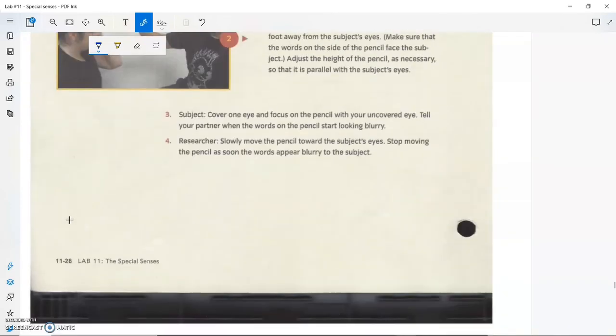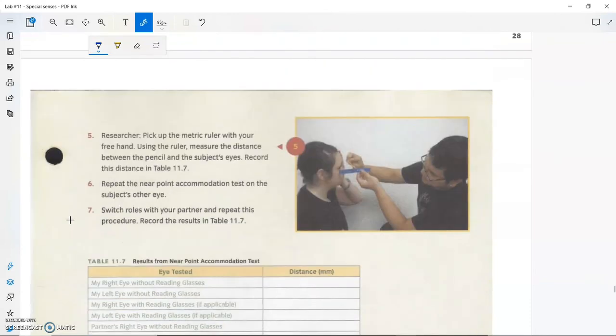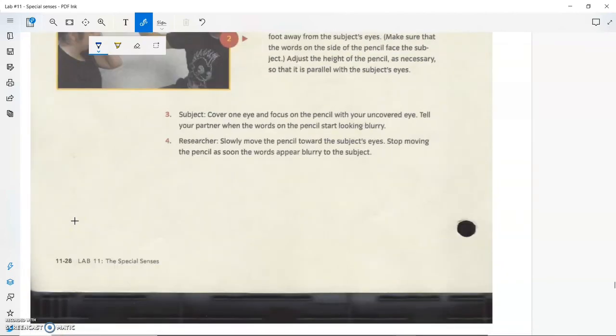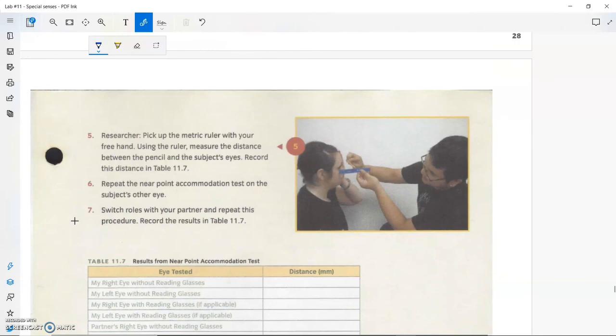Near point accommodation test. So that's the closest distance at which somebody can see the words on the pencil sharply. It will be different for people with different types of vision.